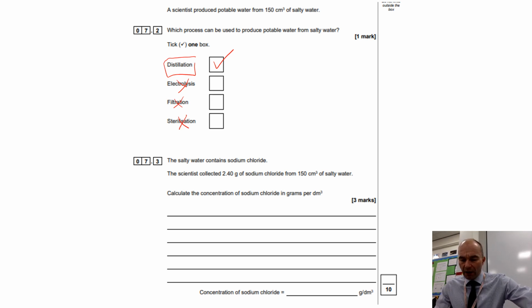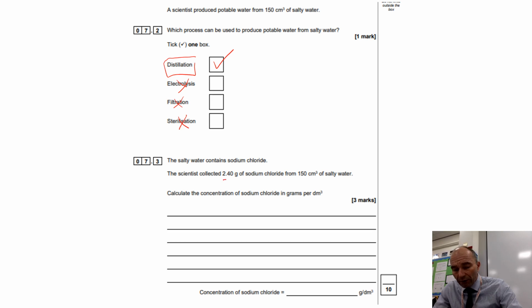And then finally, we're going to finish off with a maths question. Our salty water contains sodium chloride. The scientists collected 2.4 grams of sodium chloride from 150 cubic centimetres of salty water. Calculate the concentration of sodium chloride in grams per decimetre cubed.